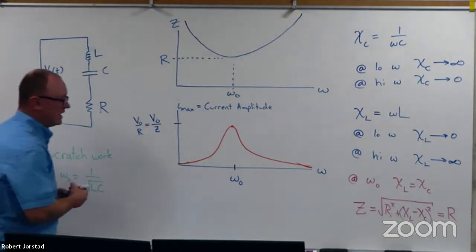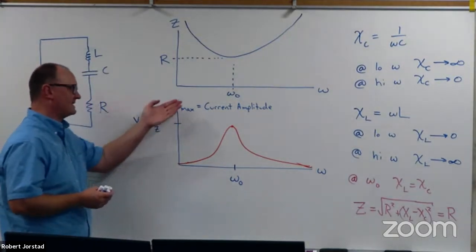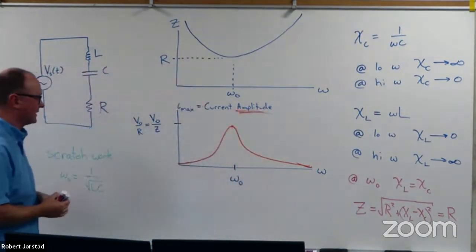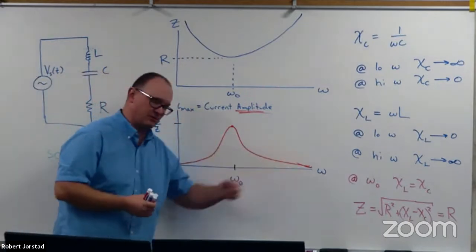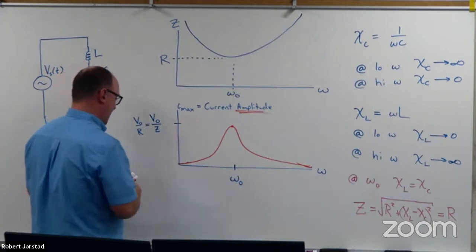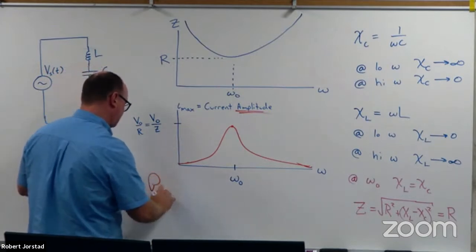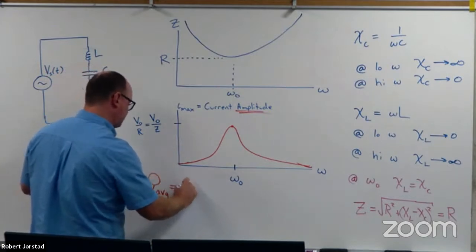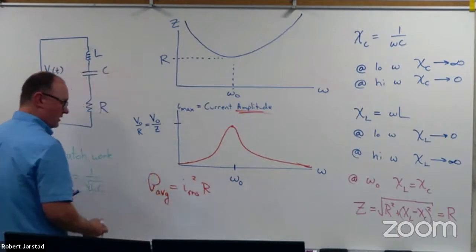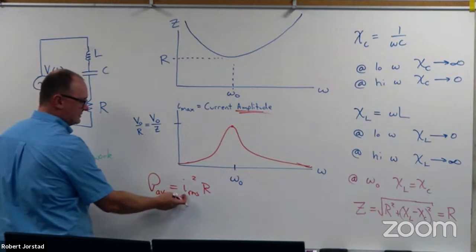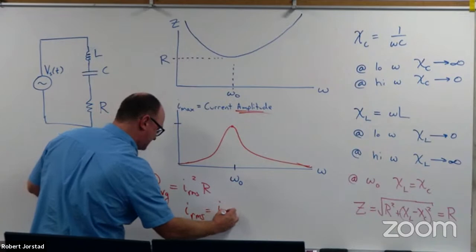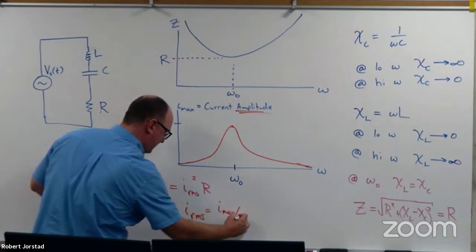This is a plausible sketch of current amplitude. Right? This is not current as a function of time, it's current amplitude as a function of omega, which relates to, if you recall, the average power was equal to I RMS squared times R. Well, think, I RMS is I max divided by √2.